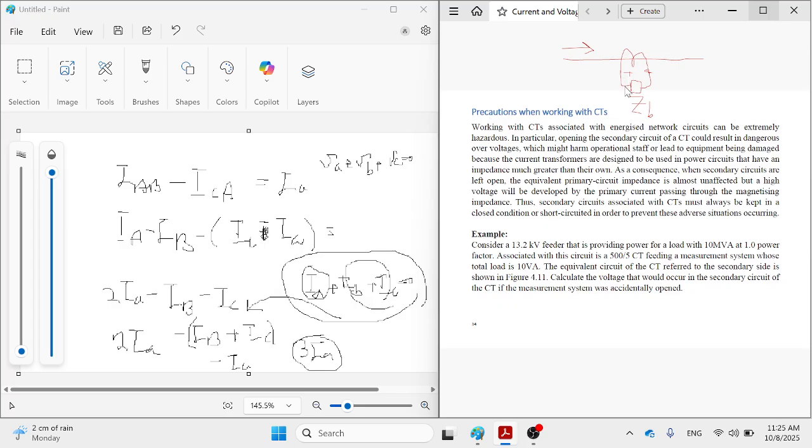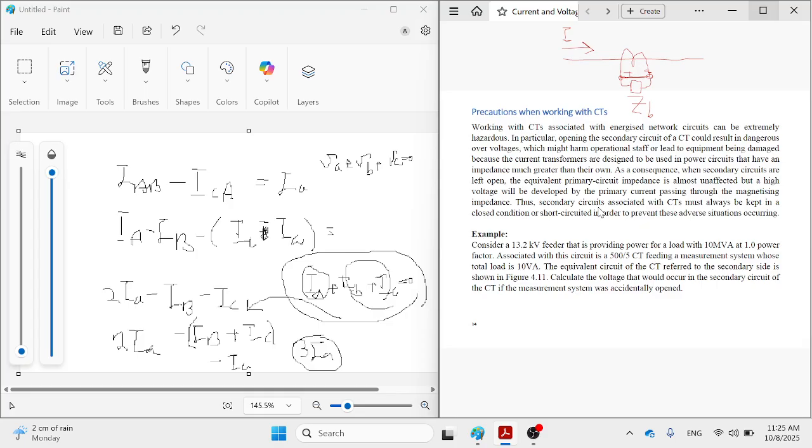In the case that anybody is going to replace ZB or repair ZB and we cannot turn off this line, meaning the current is still there, the secondary of the CT must be short circuited. Don't forget that one.